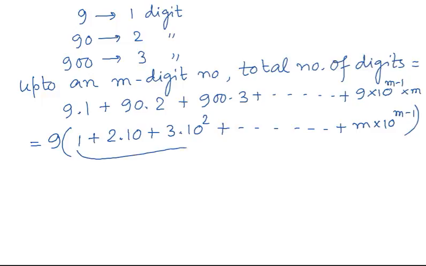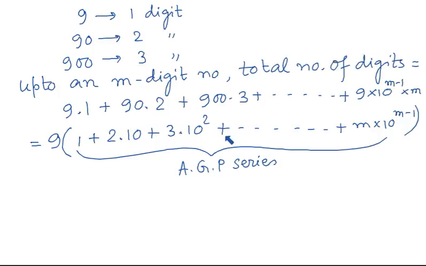This forms a series called an AGP, arithmetico-geometric progression, because 1 2 3 4 up to m form an AP, and the other component, 10, 10 square, 10 cube up to 10 to the power m minus 1, is a GP. So this is a combination of arithmetic and geometric progression.